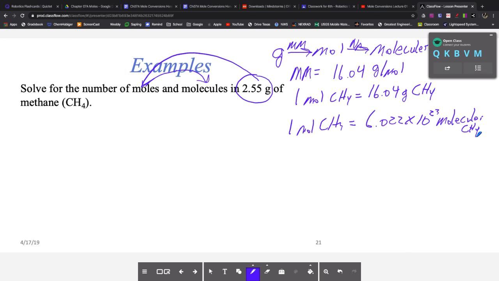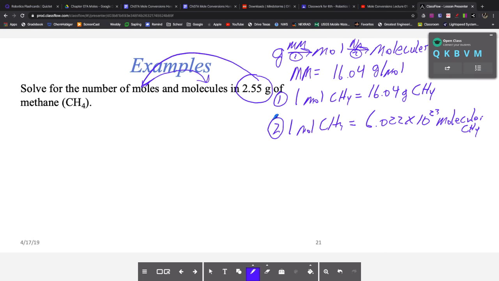And then from there, we can start. So we're going to use our molar mass conversion factor to do step 1. And then step 2, we're going to use our Avogadro's number conversion factor. And we're going to do it all in one dimensional analysis line.